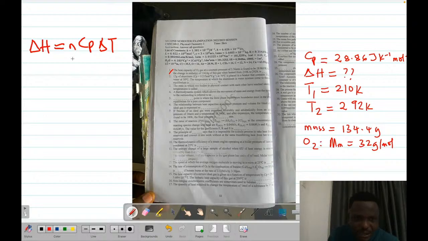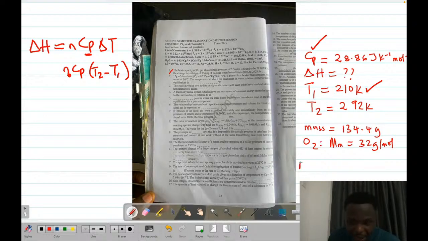They gave us Cp, which is what we have here. They gave us T1 and T2, so delta T can be written as T2 minus T1. The 210 is T1 and the 292 is T2. Now, the Cp is given to us. If you noticed, they did not give us n, the number of moles. But if you look at this very well, they gave us the mass and the molar mass.